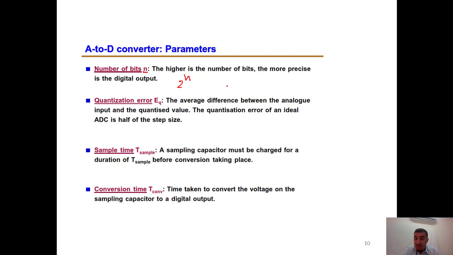The quantization error of an ideal analog to digital converter is basically half of the step size. And again, step size is equal to V reference minus V minimum divided by 2 to the power n. The sampling time: a sampling capacitor must be charged for a duration of T sample before conversion takes place. The conversion time is the time to convert the voltage on the sampling capacitor to the output voltage.